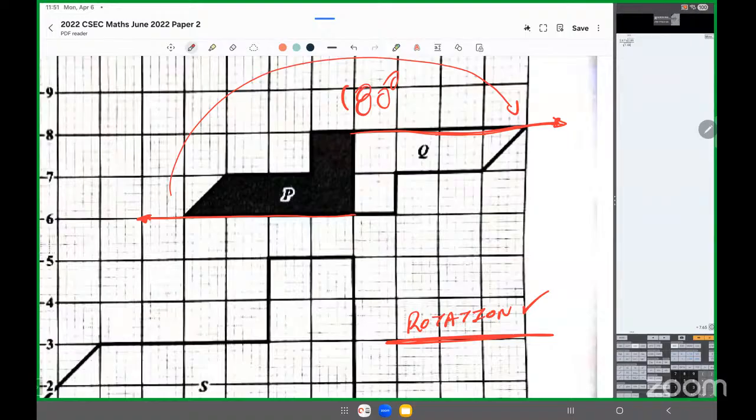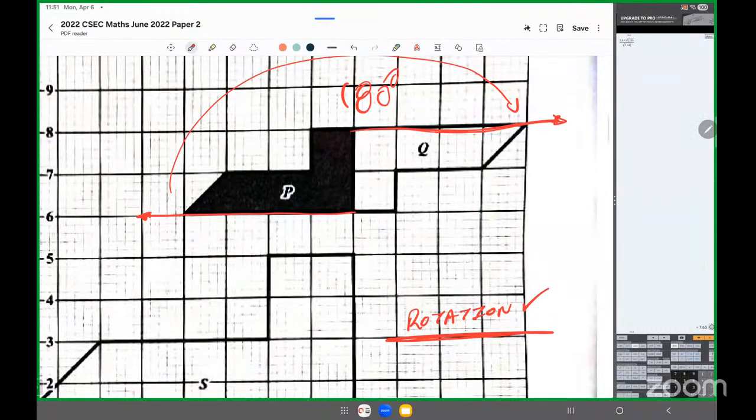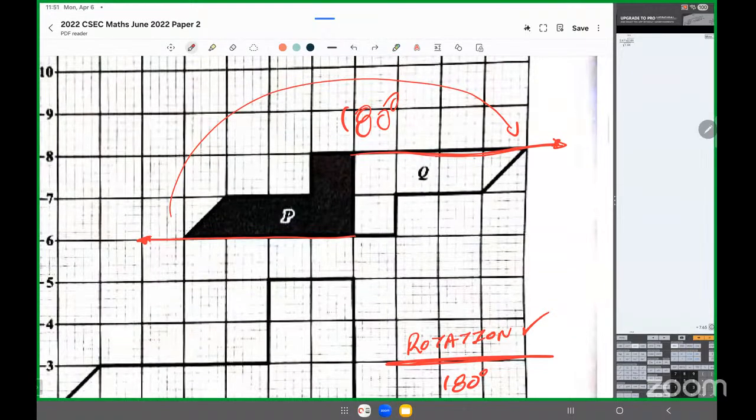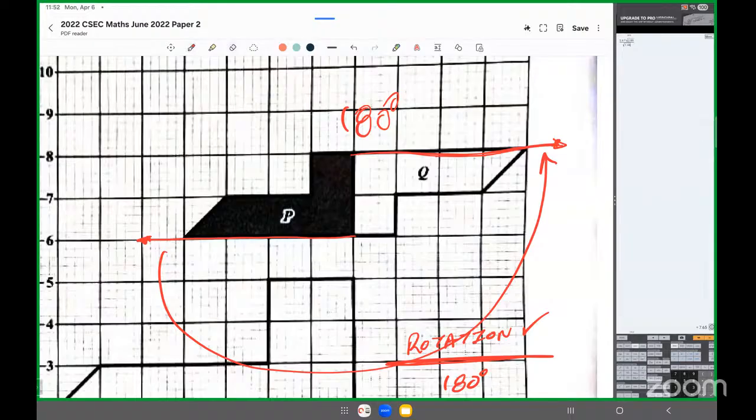Pointing to the left and then pointing to the right is a 180-degree turn. So we know the angle of rotation is 180 degrees. And because it's 180 degrees, it can be clockwise or anti-clockwise, because if I rotated it the other way instead, the result is the same. All right, 180 degrees, so we have the angle of rotation.